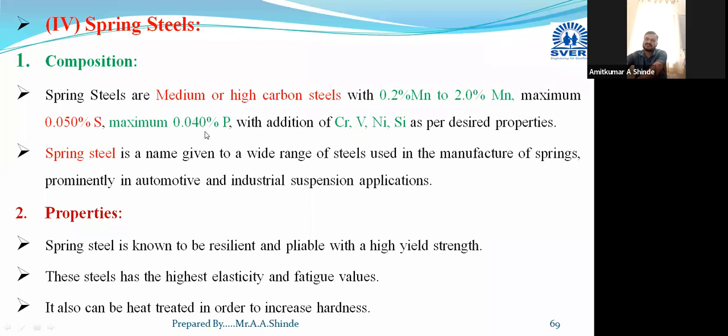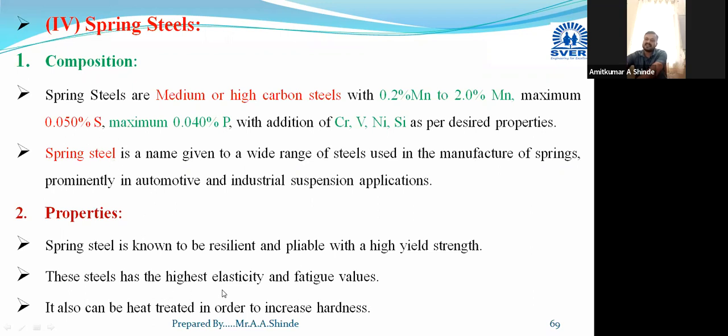small amount of sulfur and phosphorus. As per need, some alloying elements like chromium, vanadium, nickel, silicon are added. Due to their wide applications in the manufacturing of springs used in different industries, these steels are termed as spring steels.